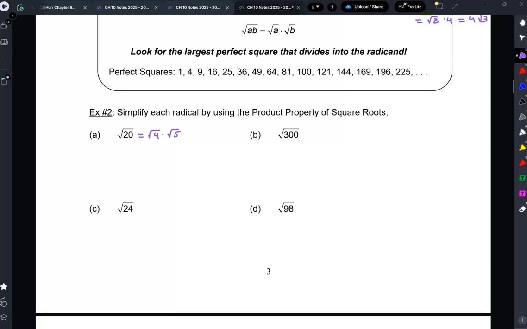And root 4 is the biggest one. Okay? Drew, are you with me? Okay. So now, root 4 will be 2 times root 5. Okay, so that's another way to do it. All right?